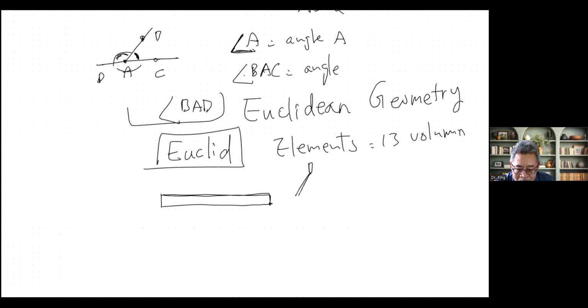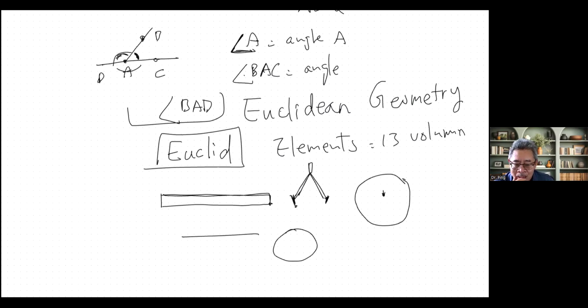There is one end, and there's another, so you can draw a circle. With the compass, you put one leg here, then you just turn it, you get a circle. So basically you can draw a straight line and a circle, that's it. But you cannot really measure. You don't know how long that is.